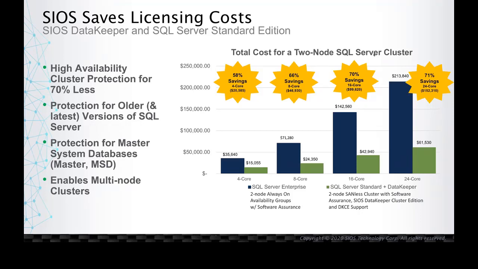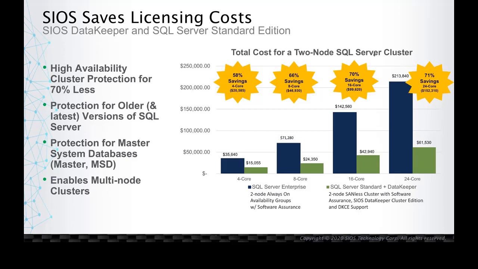And then the blue bar in each column represents the cost of deploying SQL Server Enterprise Edition for the always-on availability groups. It includes the license cost, the software assurance. And everything here is list price. So when we get to Datakeeper, that's the list price, and there's going to be potential discounts, but just for comparison's sake, everything's list price.